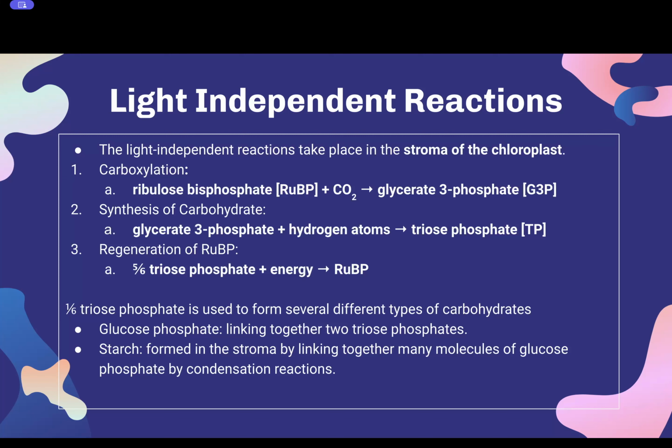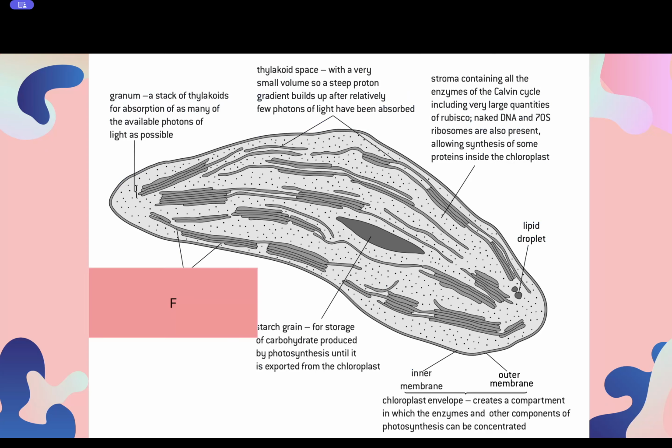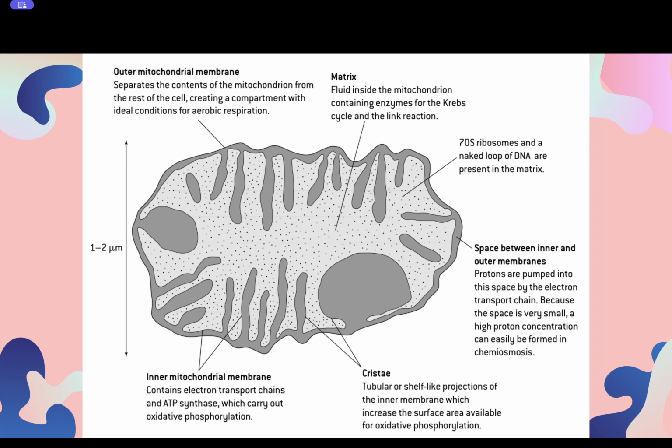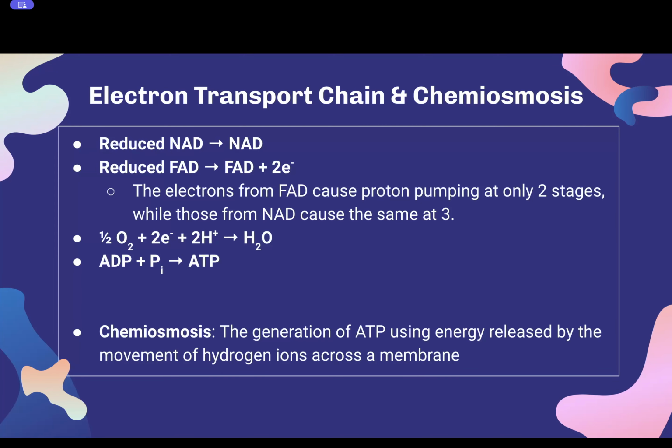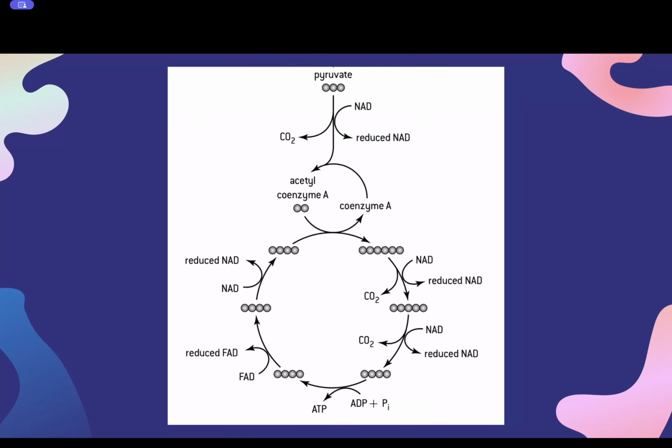The G3P and some hydrogen atoms, I call them atoms, I think they're supposed to be protons, join together to make TP, or triose phosphate. Now, triose phosphate we have encountered before in the link reaction, where... let's go back just so we can see where we encountered it before.